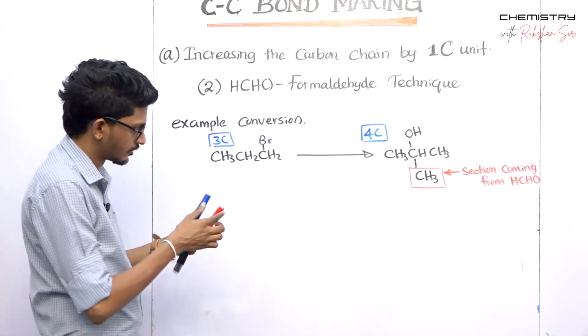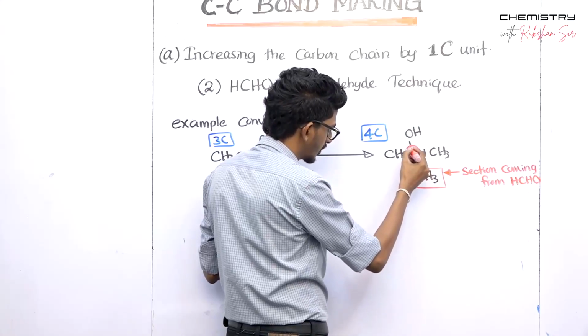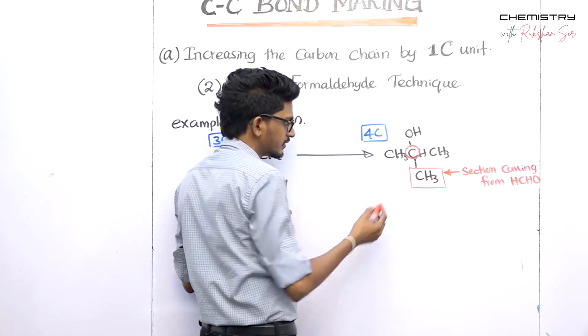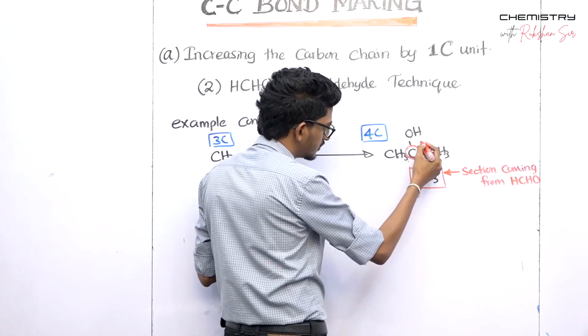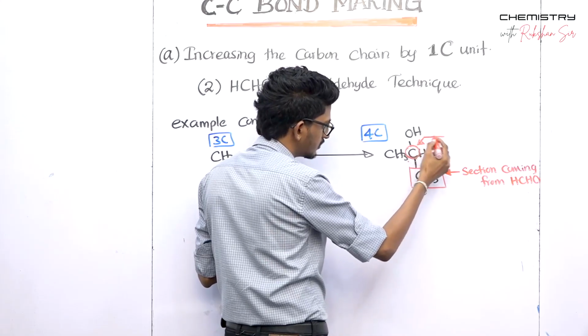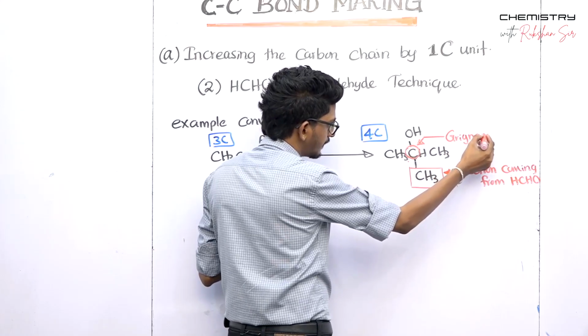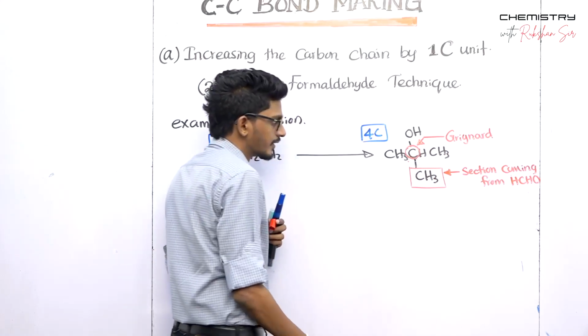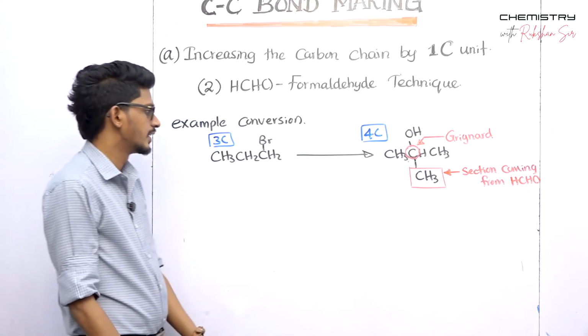So first of all, you should come up with this Grignard. So this is your Grignard carbon. That is your Grignard, right? So let's do the conversion.